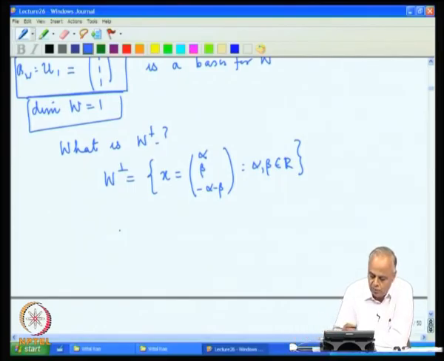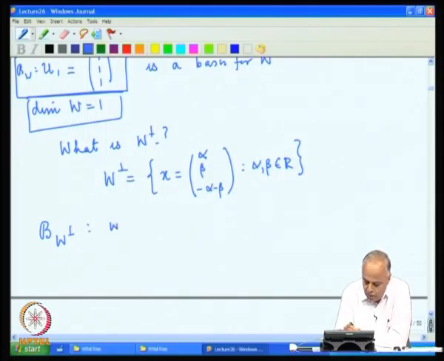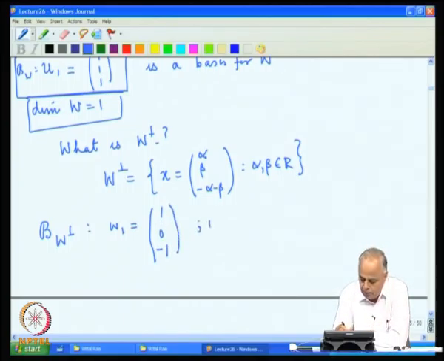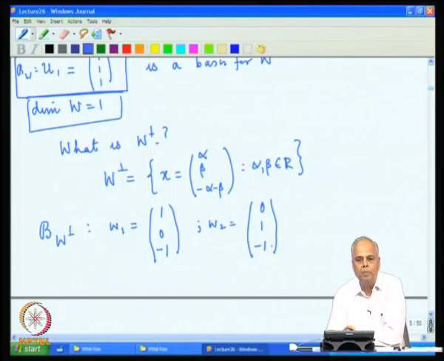If it is of this form, we can easily see that B_W perp consists of the following vectors: w1 equal to (1, 0, minus 1), w2 equal to (0, 1, minus 1). These two vectors are obtained as follows: by putting alpha equal to 1 and beta equal to 0, we get w1.